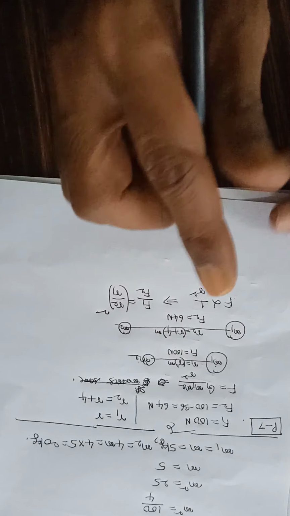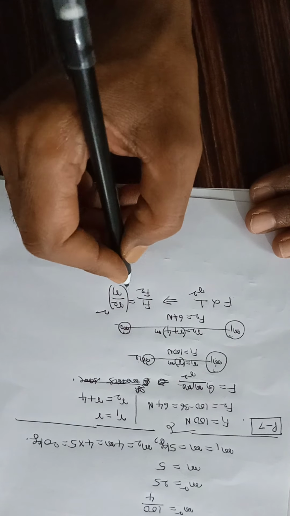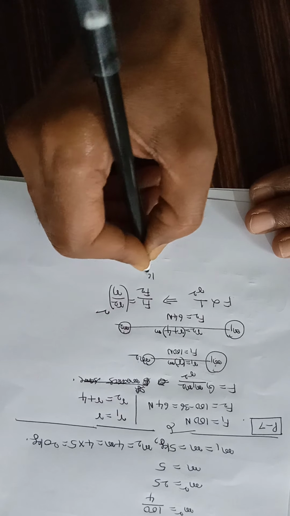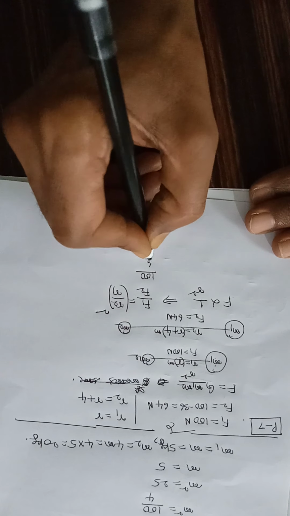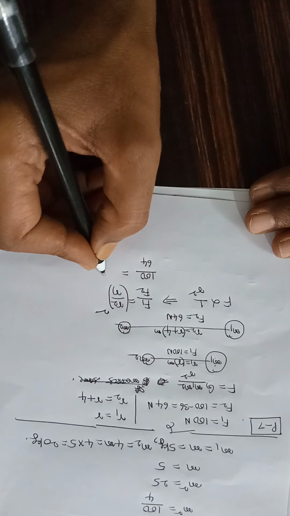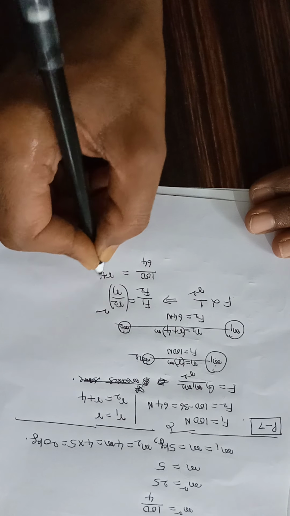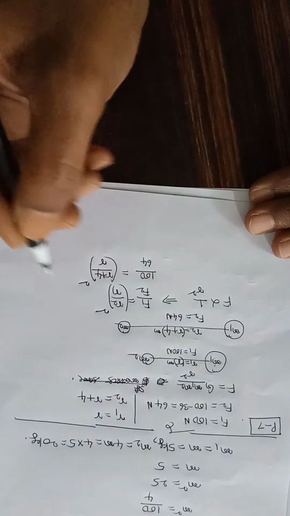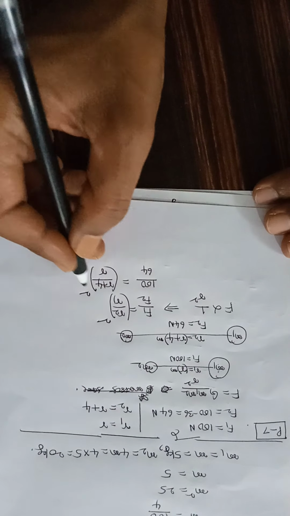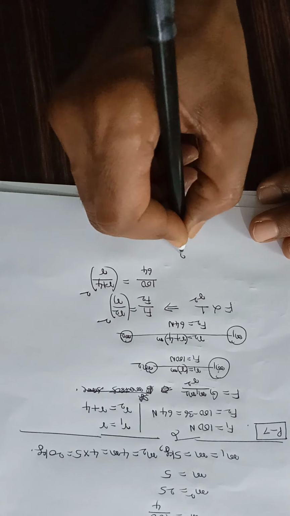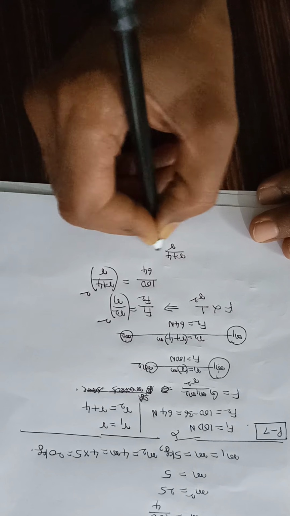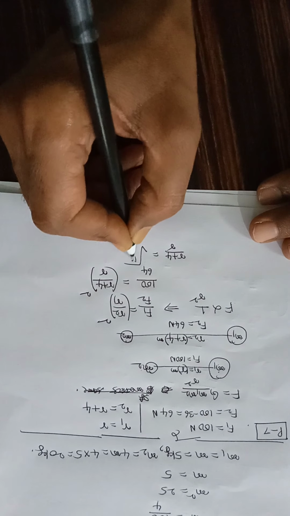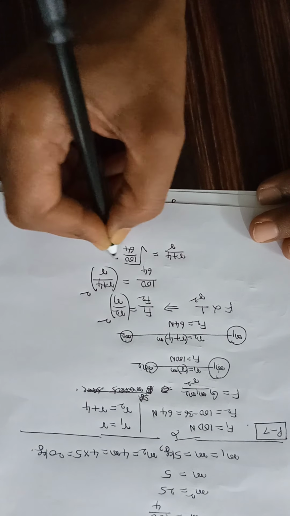Now substituting the values, F1 is 100, F2 is 64, R2 is R plus 4, R1 is R. So when the square is brought this side, square root of 100 by 64.